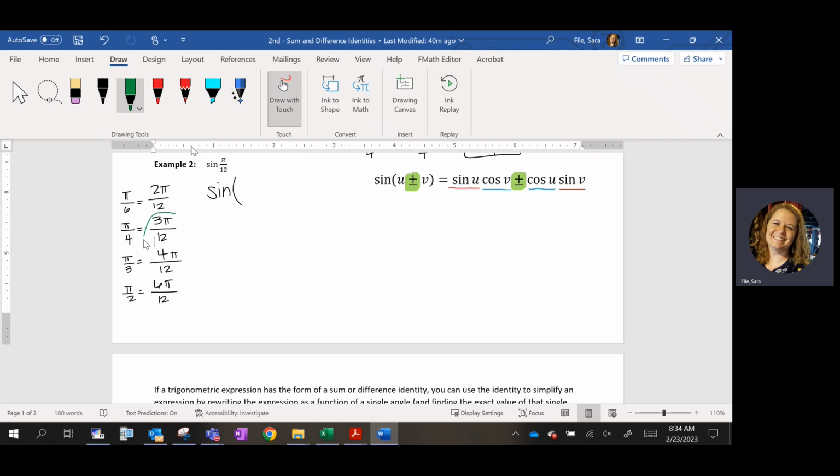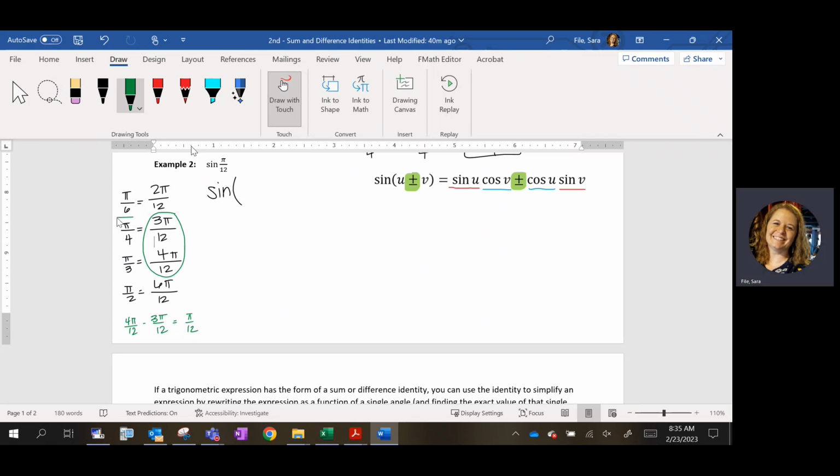Okay, so we're going to use these two, because we know that 4 pi 12ths minus 3 pi 12ths would give us the 1 pi 12th, right? Now, I'm not going to write it as 4 pi 12ths minus 3 pi 12ths.